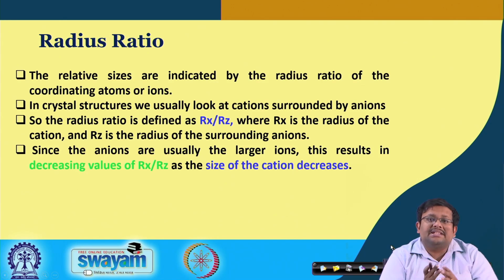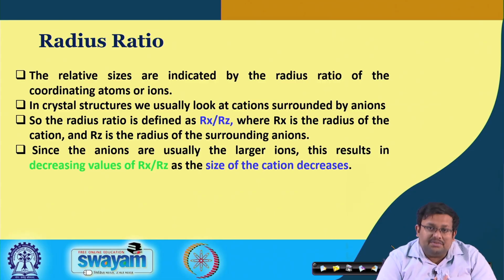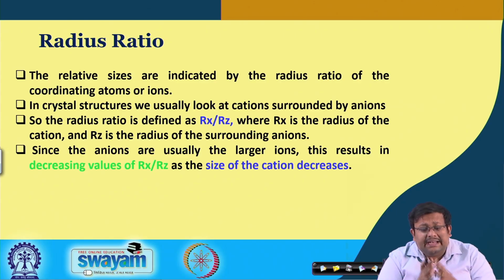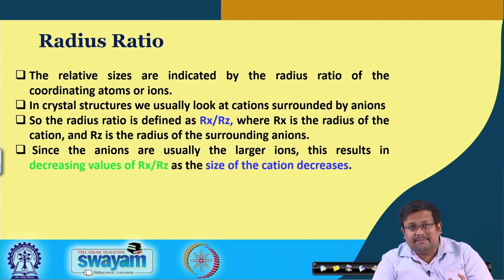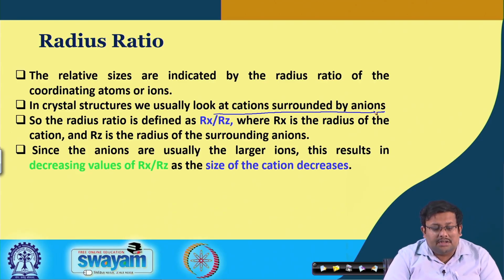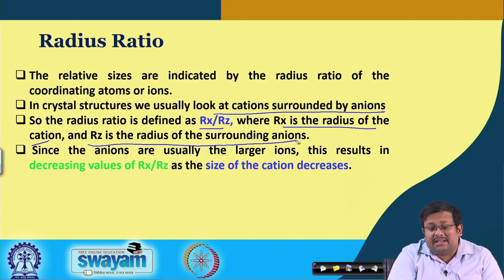So, what is the implication of radius ratio in this structural arrangement? Remember that the relative sizes are indicated by the radius ratio of the coordinating atoms or ions. Now, in the crystal structure, we usually look at the cation surrounded by the anions. So, the radius ratio is defined by Rx by Rz, where Rx is the radius of the cation and Rz is the radius of the surrounding anion.